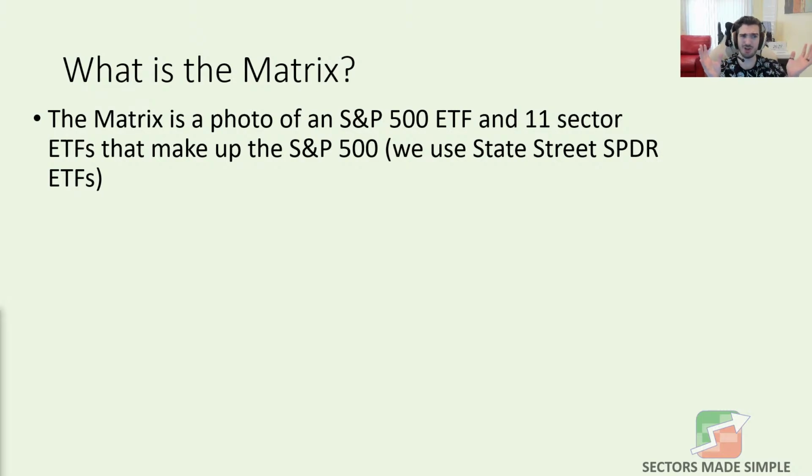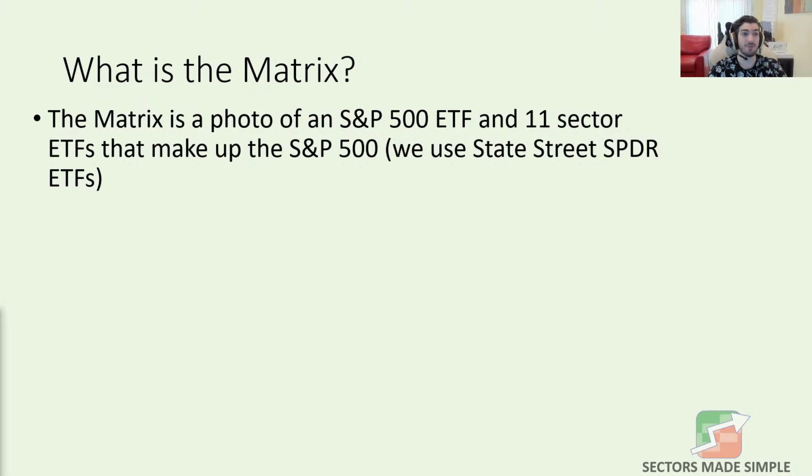And to make our job easy, and more importantly, to make anything actionable, everything we look at is using exchange traded funds that you can actually go to Fidelity, TD Ameritrade, or any broker and buy. The ETFs that we choose to use are State Street Spider ETFs, or SPDR ETFs. These all are based on the S&P 500, so only S&P companies broken out by sector. Some sectors are bigger than others, but in our eyes, everyone's equal, and we will compare them all fairly.